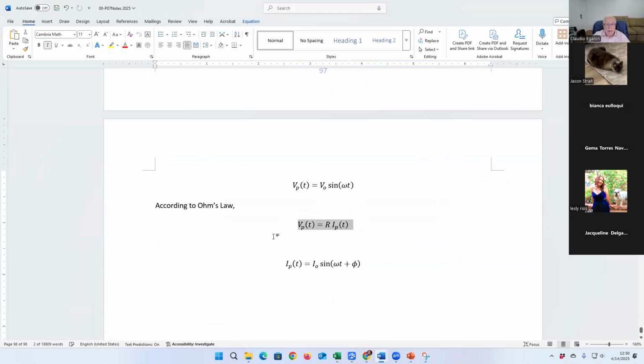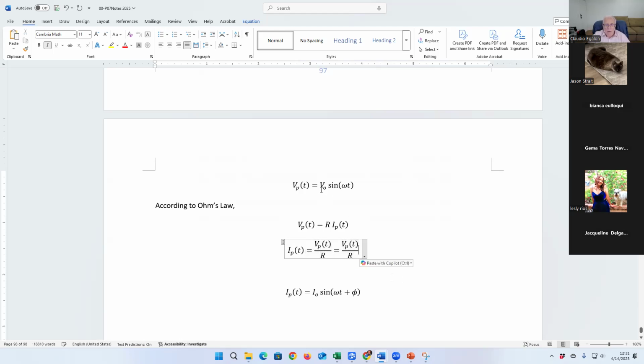Consequently, my current in this circuit is going to be Vp of T divided by R, like that. That's how I want to write it.